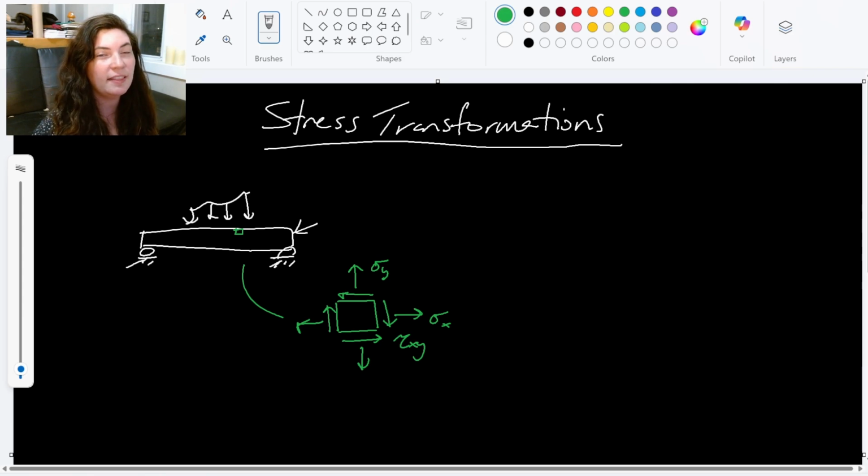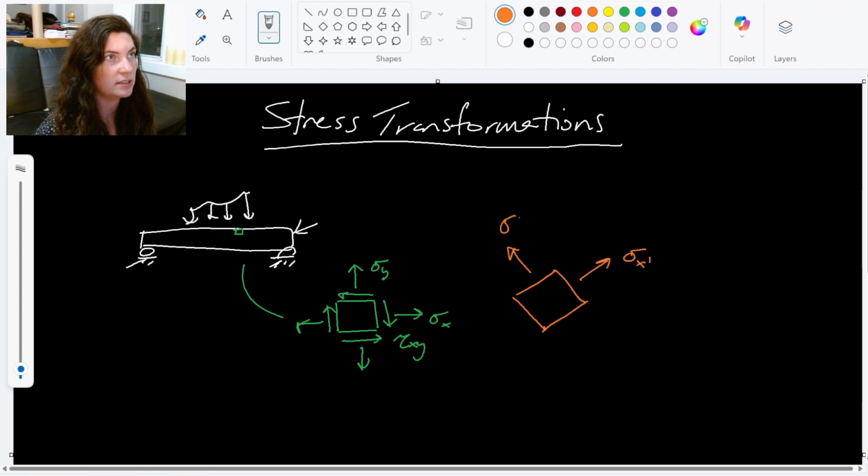But if we take that element and rotate it, so we're looking at that same point, but instead of this square being perfectly in line with the X and Y axes as we think of them, we rotate it. Now we're looking at it at a slightly different angle. And what that does is change the value of all of those stresses.